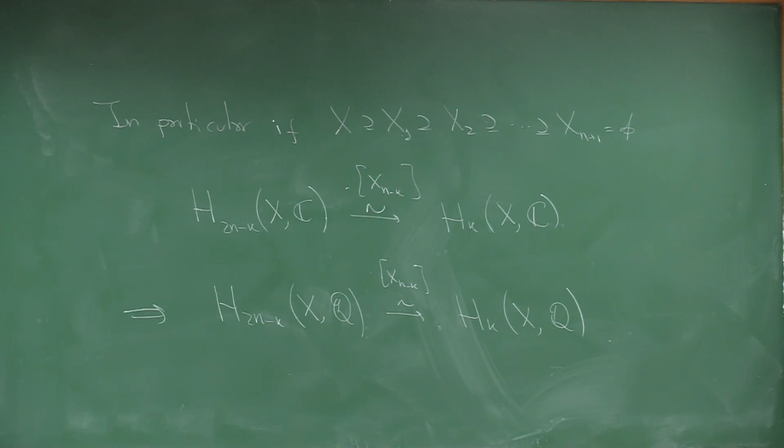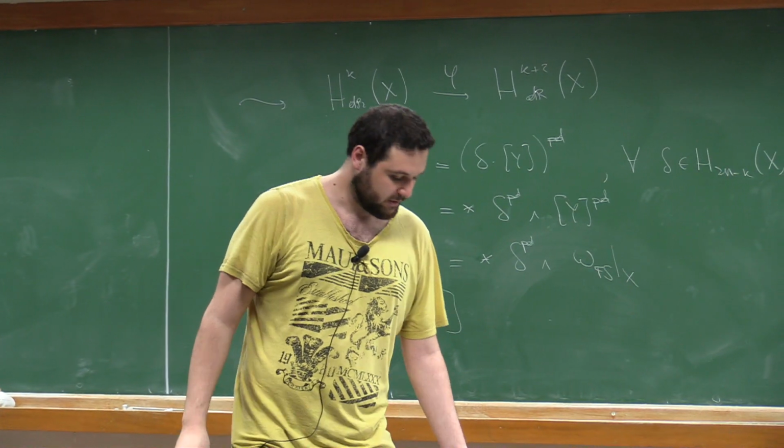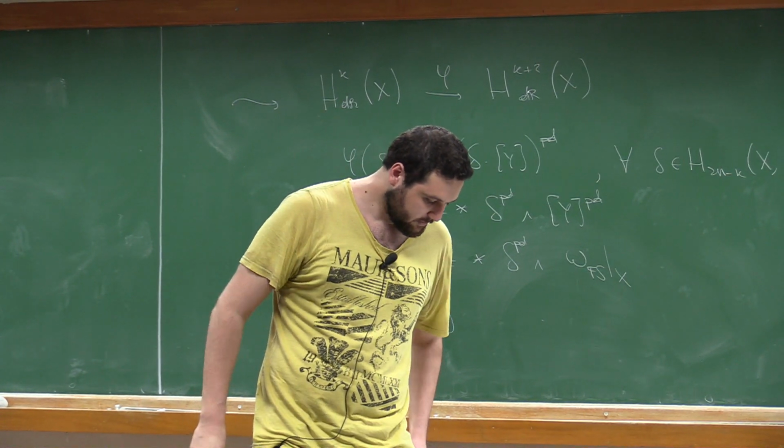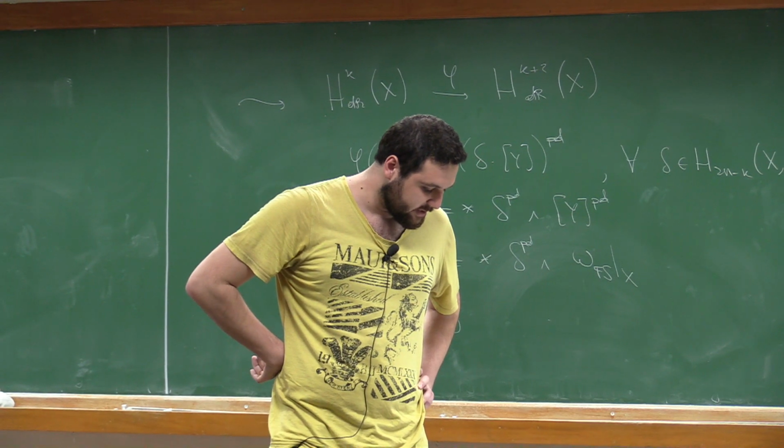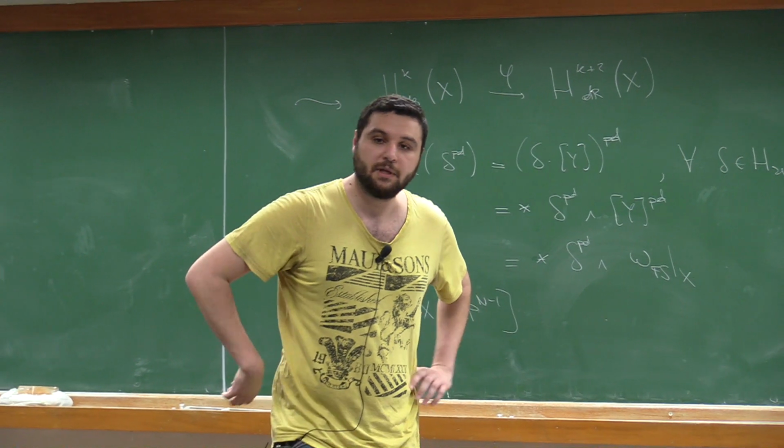So with this, we have already proved almost all the Lefschetz theorems. There is one that I won't prove. In fact, I will ask some of you, someone, to prove it. That is the Lefschetz 1-1 theorem.